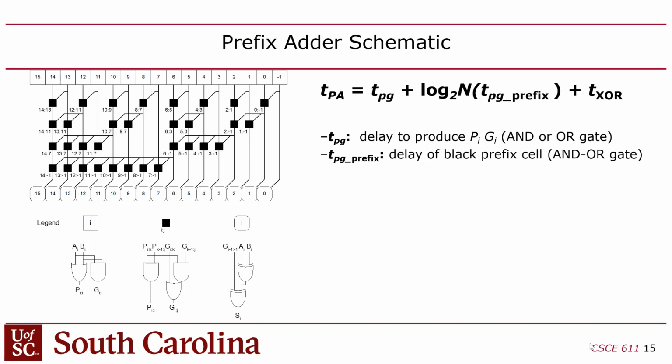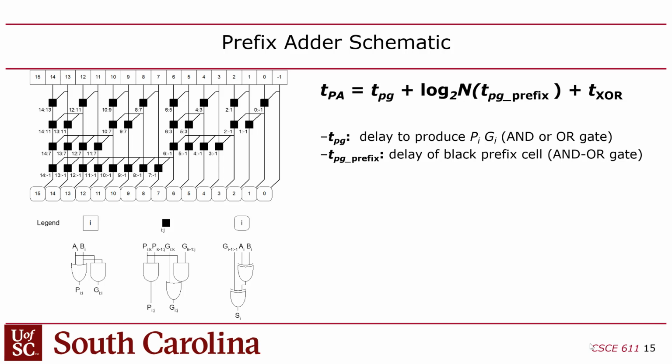Well, my I is 14 and my J is 13. Well, what's K? K is 14, right? So I combine together, I'm trying to get 14 down to 13. So I combine them by setting K to be 14. So I go 14 down to 14 and 13 down to 13. Those are my two halves. I merge them together, right?